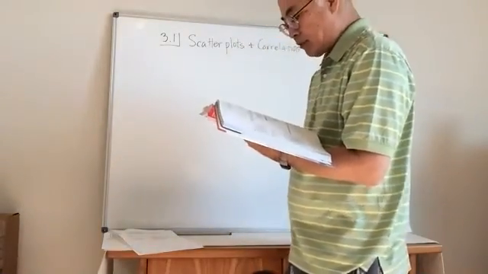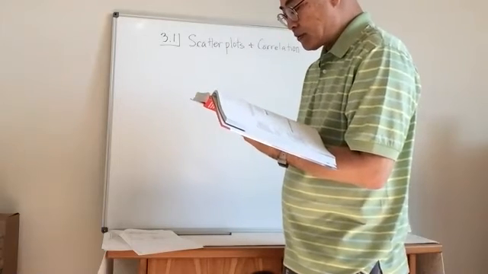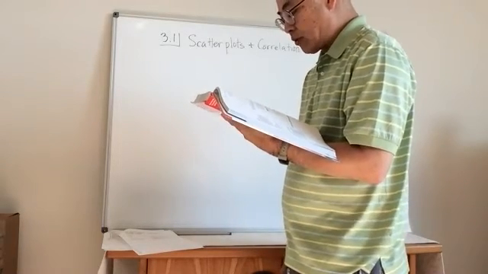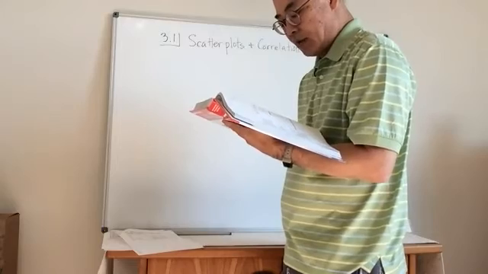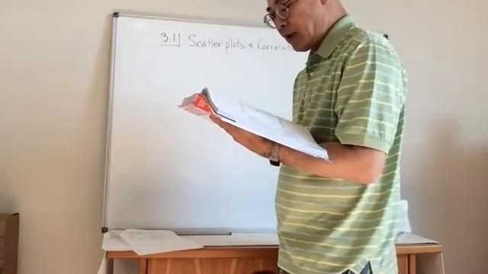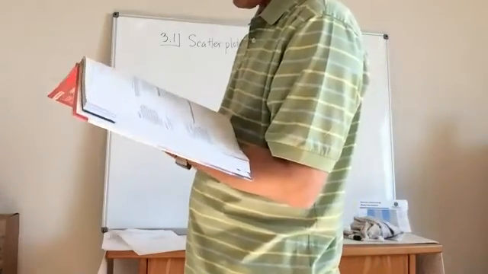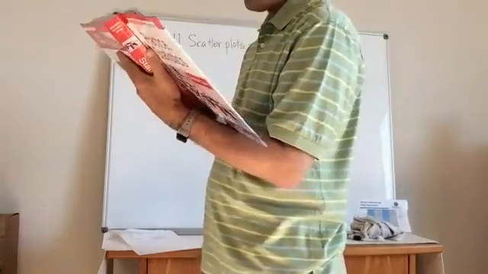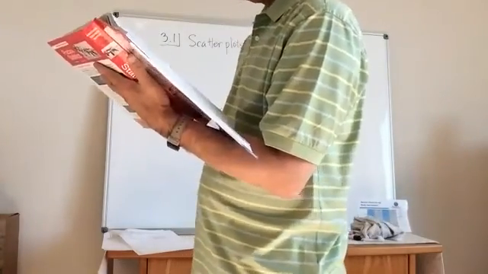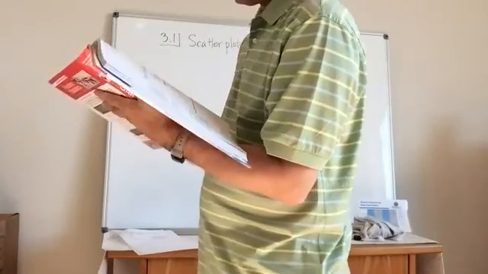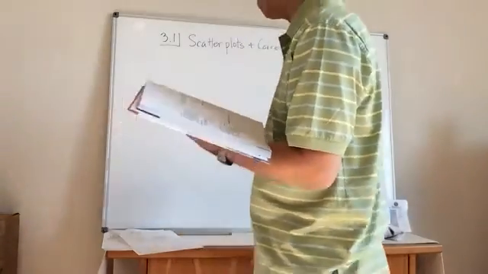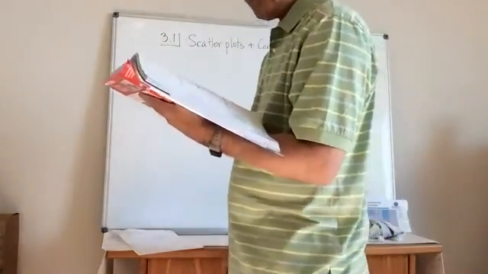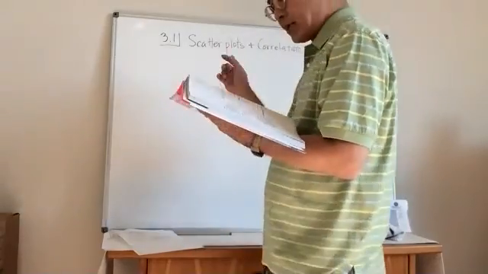B, what would happen to the correlation if number of steps was used as the explanatory variable and the height was used as the response variable instead of the way they have it, right? Because the initial scatter plot had the height being the explanatory variable and the number of steps being the response variable. Well, we just saw that it wouldn't change anything.